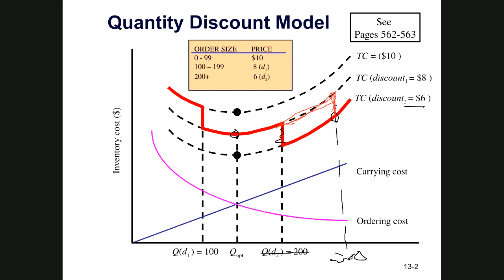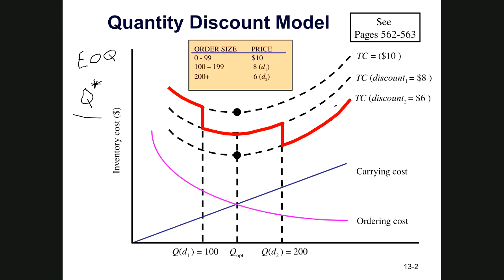So there's an algorithm that we're going to follow, and there are three steps to the algorithm. The first thing is we are going to compute the economic order quantity, and that's going to be Q star. We're going to find Q star. Then we're going to determine where Q star falls within the ordering price range.